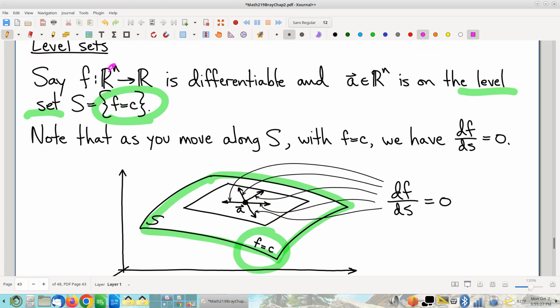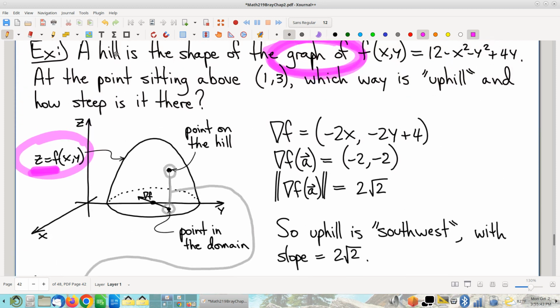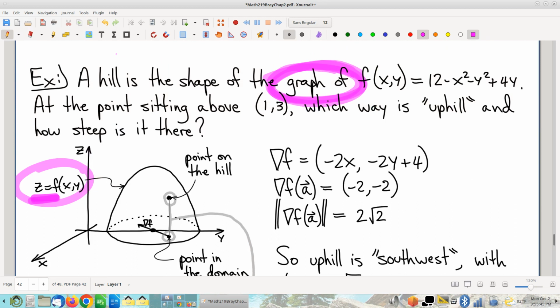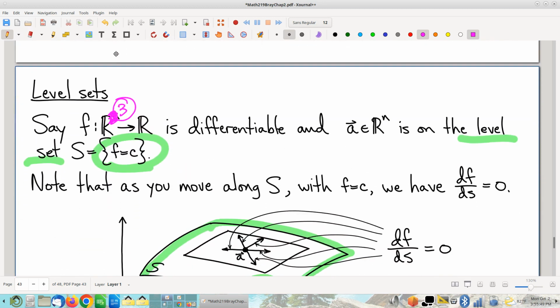This is a function of 3 variables, because its level sets are surfaces which are represented by equations of 3 variables. Whereas on the previous page, f was a function of 2 variables, and we were looking at a graph. You've got to keep in mind the context.